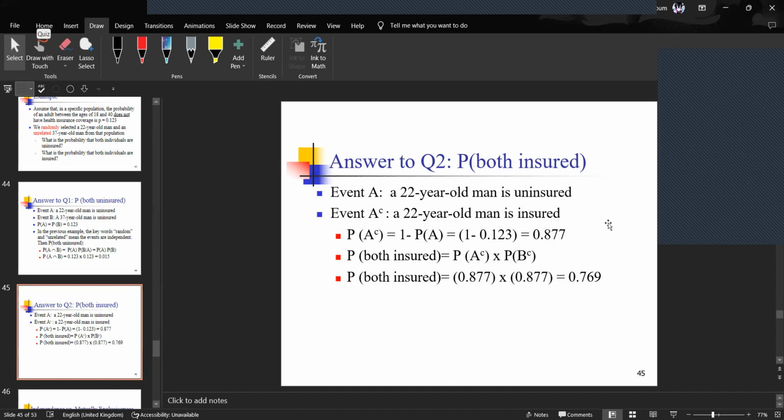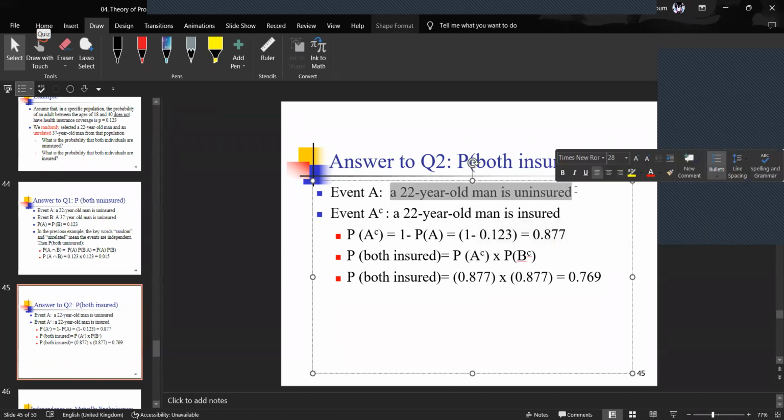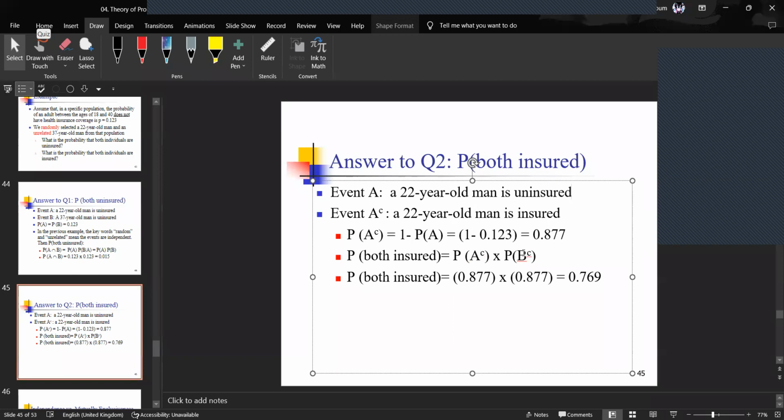And so we have the probability of them both being insured, or the probability of A complement, and again A is the man not having insurance, multiplied by the probability of B complement, and B complement is the event where person B does have insurance.